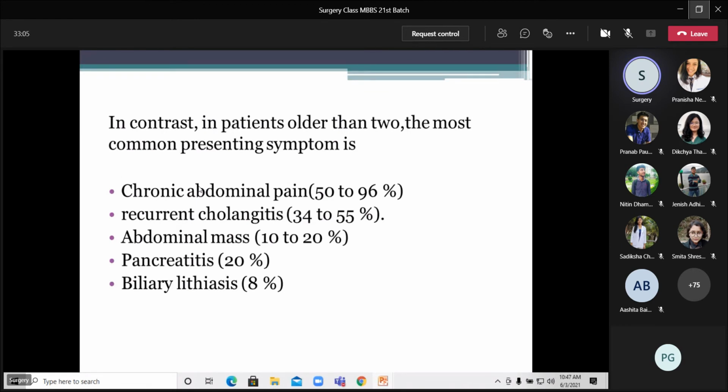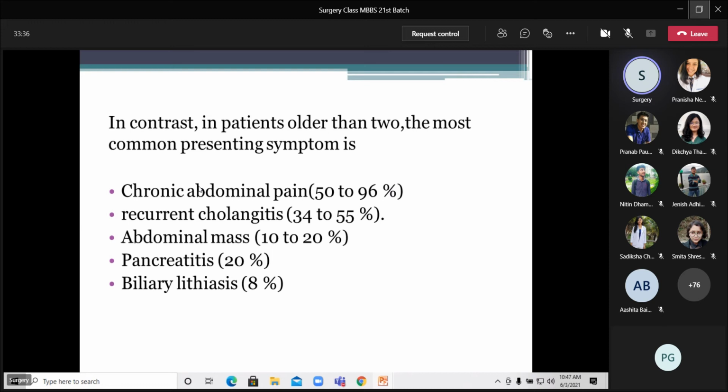The most common presentation is abdominal pain and recurrent cholangitis. I told you about recurrent cholangitis. That is why they develop it: the toxic pancreatic juice and the bile salts, with stasis in the cystic area, will be toxic to the biliary epithelium. Initially they give rise to recurrent cholangitis, and later they develop malignancy.